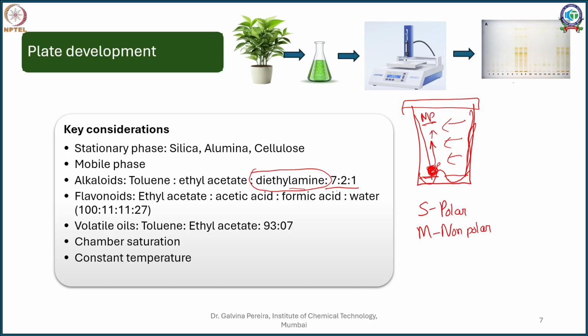Similarly, if you talk about flavonoids or tannins, these are acidic substances. If I am just using it as such, again because of their polarity they will tend to bind in this region. But imagine if I have a mobile phase which has a little bit of acid, glacial acetic acid or formic acid, you will often come across this in those mobile phases. So now the flavonoids' OH and the tannins' COOH are all in unionized nature.